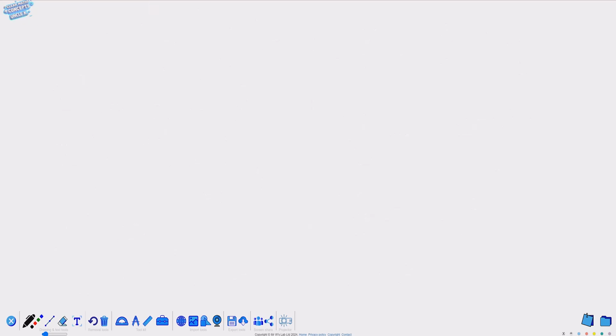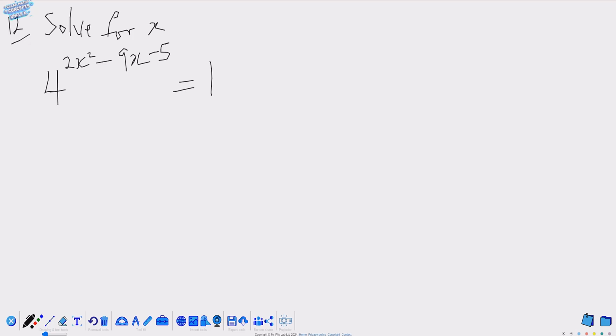The last question is question 12. Solve for x: 4 raised to power 2x squared minus 9x minus 5 equals 1. What do we do in this case? I remember one of those laws that says anything raised to power 0 is 1.